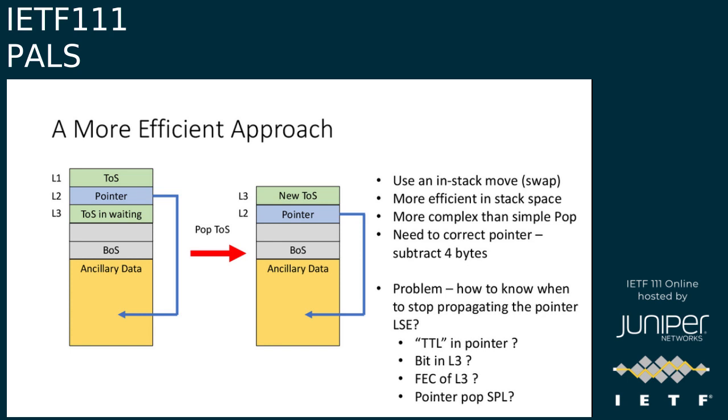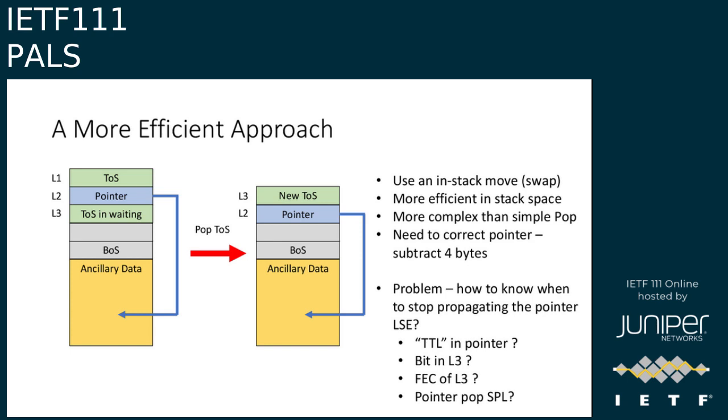Next slide, please. So what we could do is to regard the top of stack and pointer essentially as a pair. That is to say, we can encode by some means or other that we need to carry the pointer forward for use with L3. It's a different swap operator, but we're going to have to change a few things anyway in order to do any of this ancillary data inclusion in the forwarding decision.